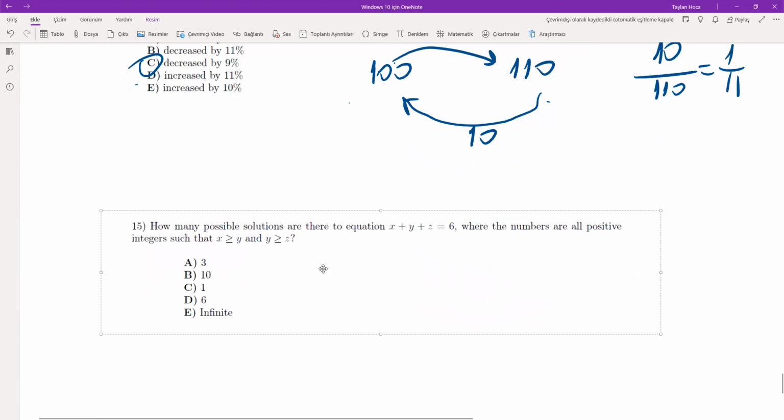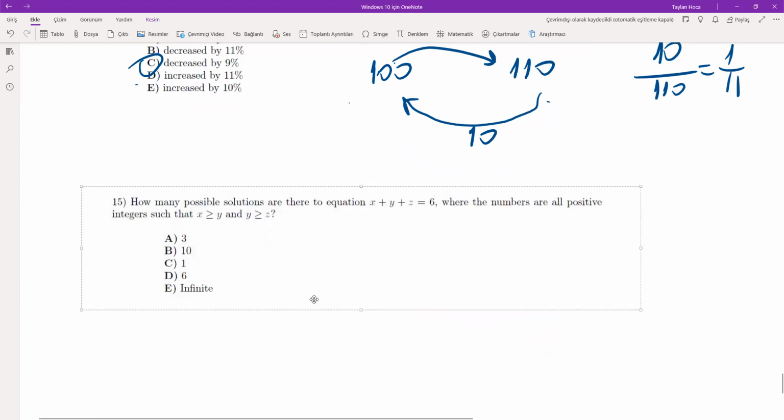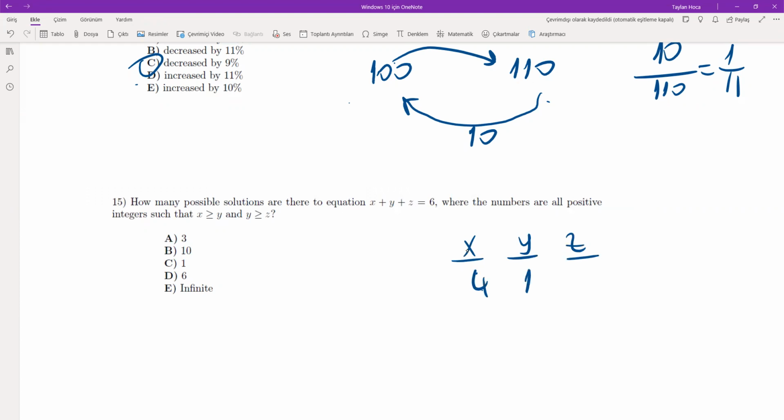Very well. How many possible solutions are there to the equation x plus y plus z equals 6, where the numbers are all positive integers such that x is greater than or equal to y and y is greater than or equal to z? In these questions, I do systematic counting. I begin with the greatest maximum number, 4, 1, 1.